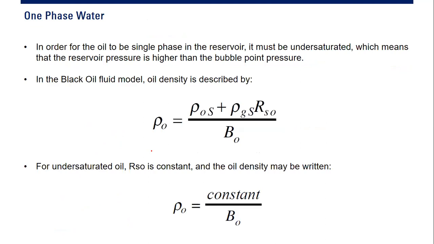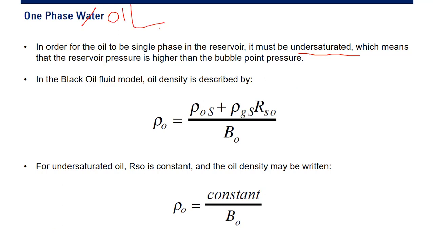Now it's about oil. In order for the oil to be single phase in the reservoir, it must be undersaturated, so above the bubble point pressure. Above the bubble point pressure, gas will be dissolved in the oil, so we only have one-phase oil.